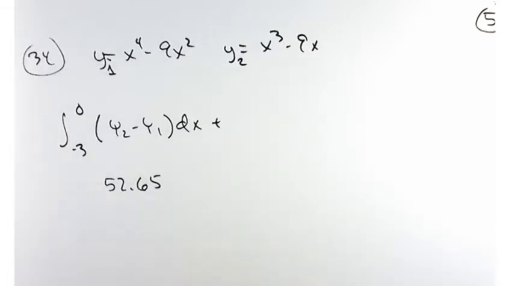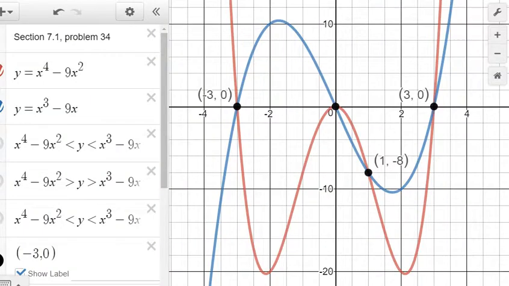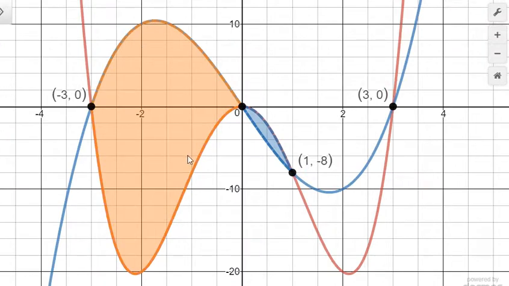And next I need to pick up that little area in the middle. That's this one right here. What's going to find that area for me? What should I integrate? Good. y1 minus y2 from 0 to 1. And we're going to cheat because we're going to make this really easy.